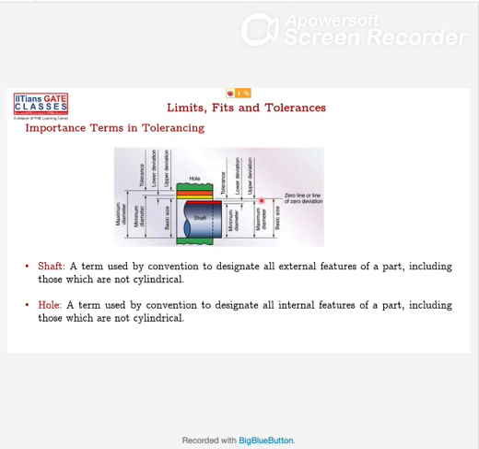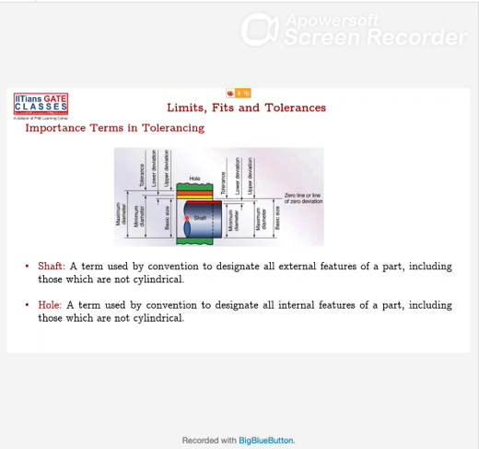So if you see this zero line, the shaft has this upper limit of the shaft, and this is your lower limit of the shaft. Okay, and this is the lower limit of the hole, and this is the upper limit of the hole.